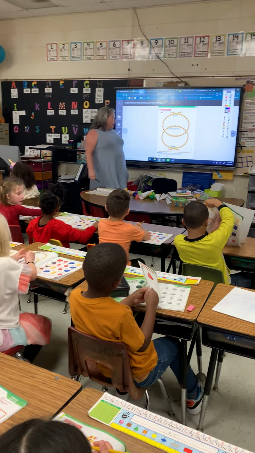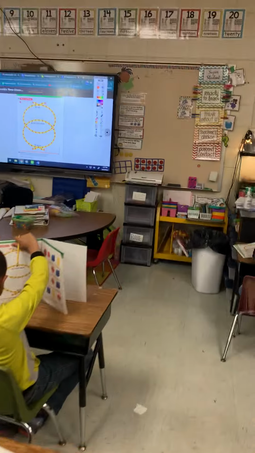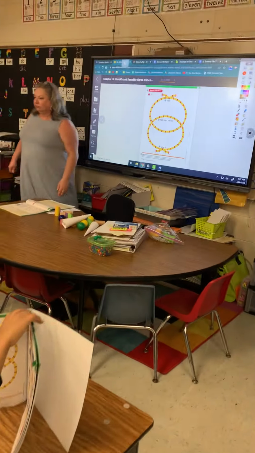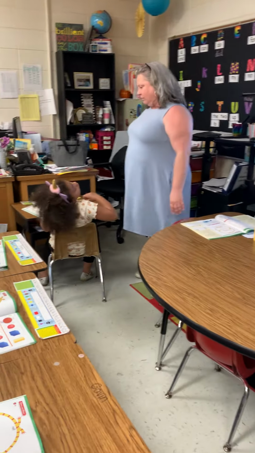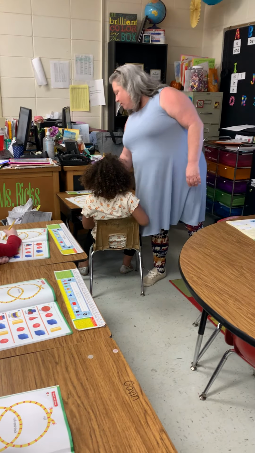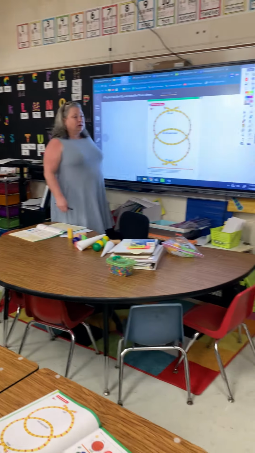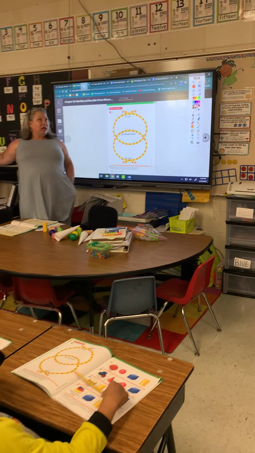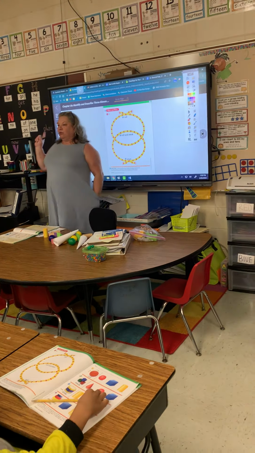Describe the shapes and match the pictures. We're just going to draw them in there. Okay? I want you to raise your hand instead of blurting out. Which shape did we say could roll?